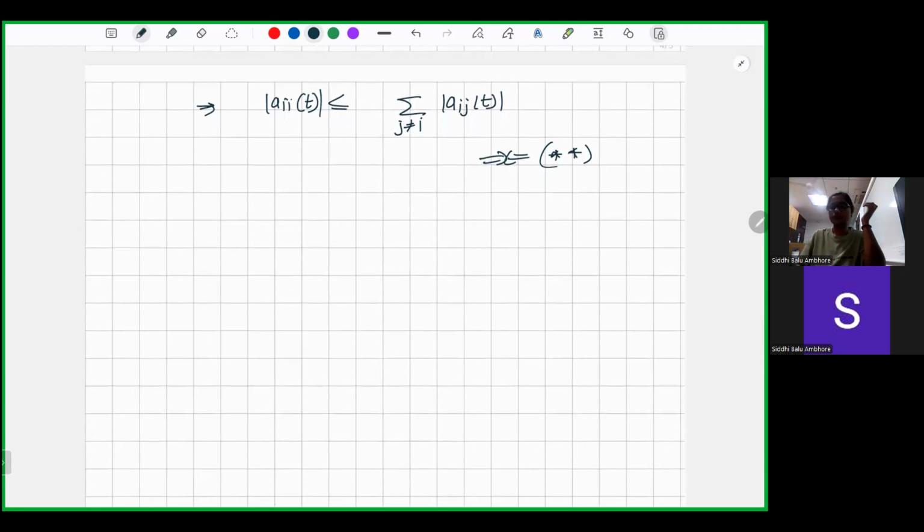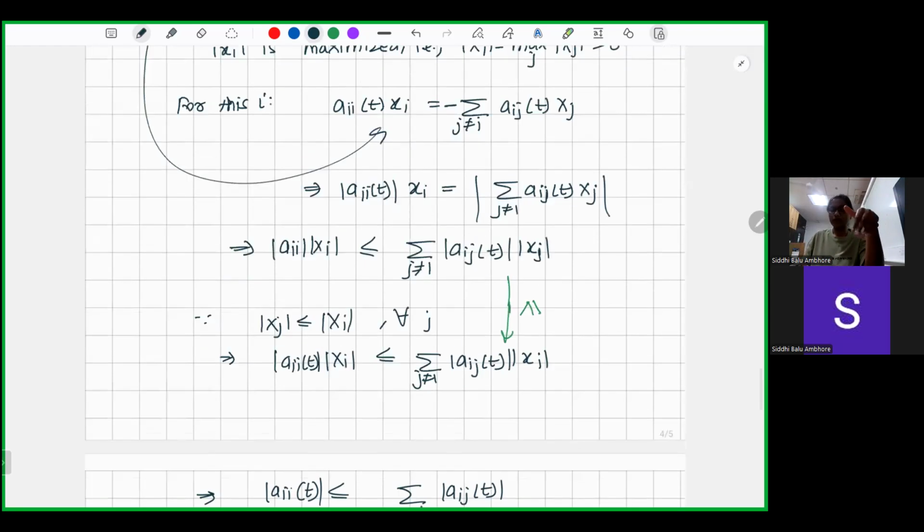Okay, so therefore the determinant of A(t) is non-zero for all t in [0, 1]. The determinant of D is non-zero for t equal to 0 because each entry is a_{ii}, which is non-zero from the given condition. The determinant of A is non-zero, as we already proved last time.